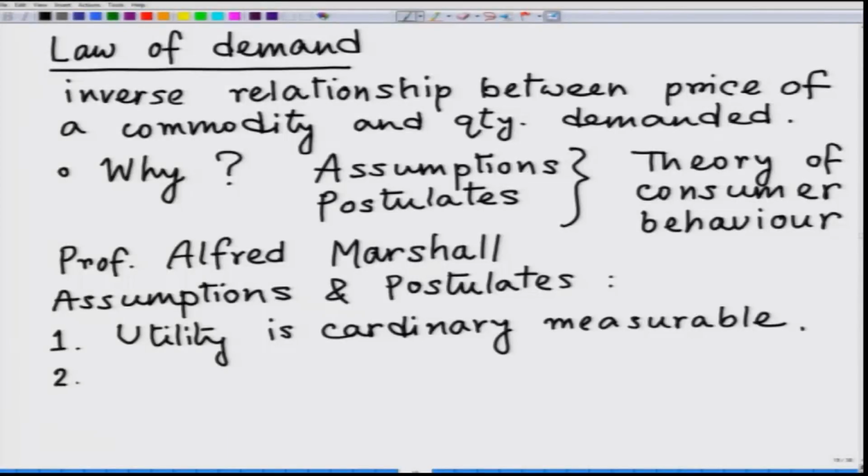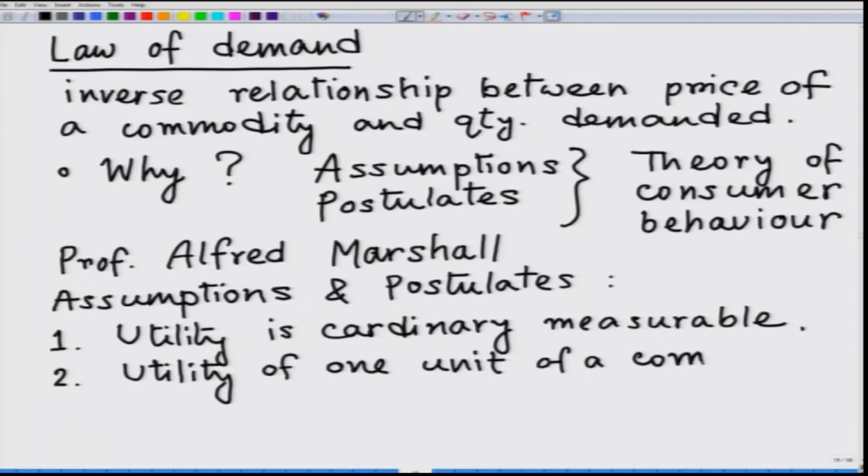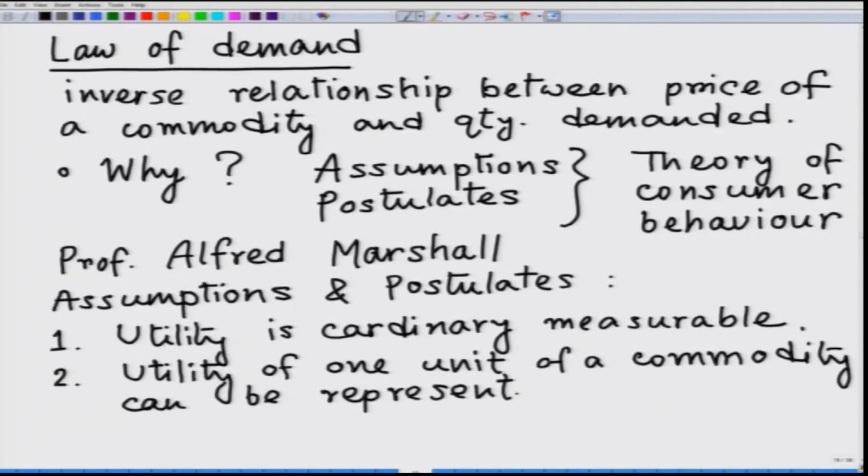Number 2, utility of 1 unit of a commodity can be represented in monetary terms.